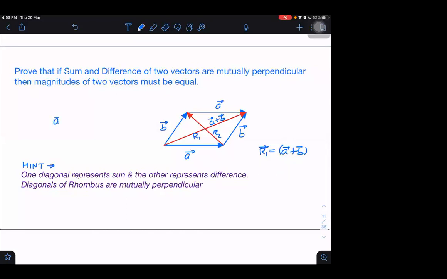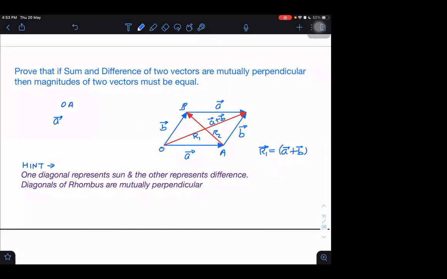How to tell? This way we will tell. Observe it here. A plus R1. If I go from O to A and then A to B, notice O to A and A to B, then I'm going O to B. Right or not? Yes, sir.